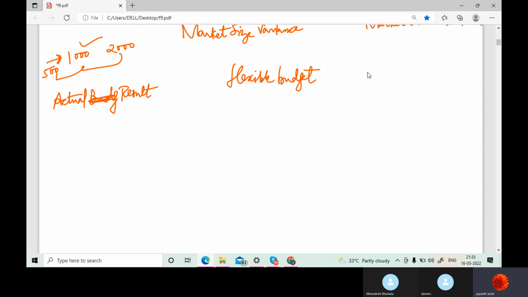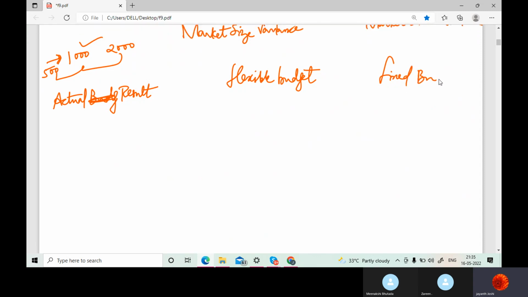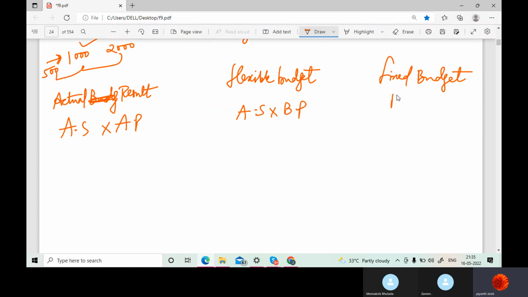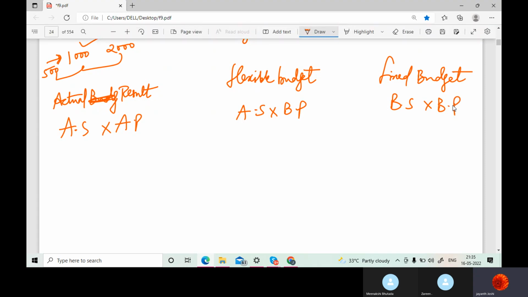That's called flexible budget. Then this is the fixed budget, which is nothing but static budget. Now what I'll do is I'll take actual sales into actual price here, actual sales into budgeted price here, and budgeted sales into budgeted price here. Okay, so this is what I've done.